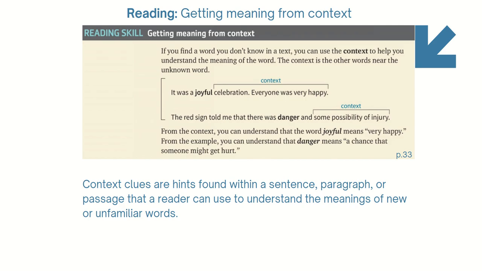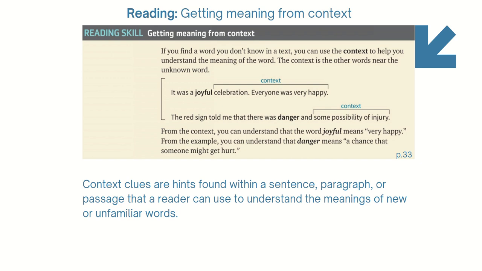So you need to guess what joyful is. You can see the context from the content here. It was a joyful celebration. Everyone was very happy. So we can get the meaning from the context. It means positive, right? So joyful means something very happy. This is the way we get the meaning from context.